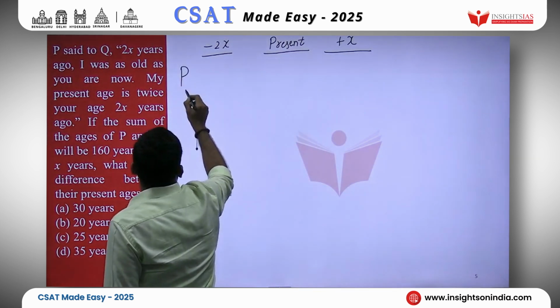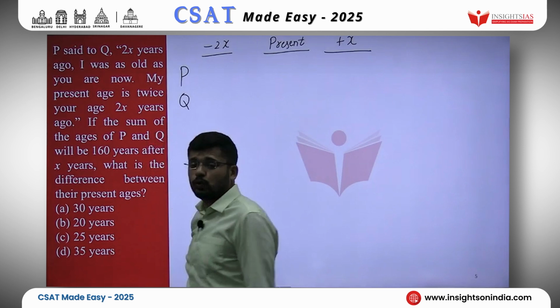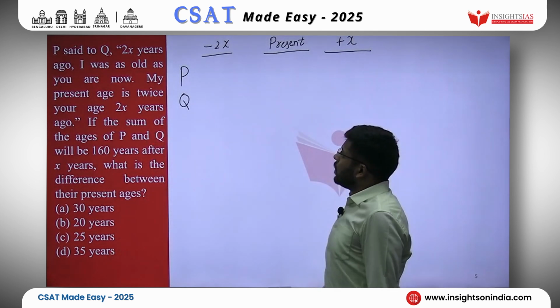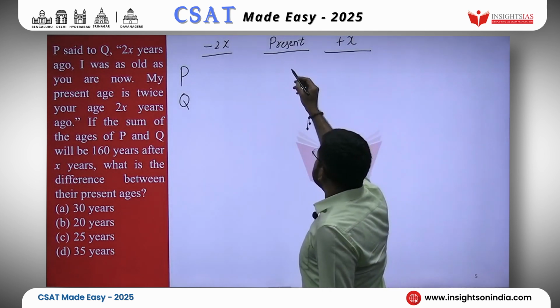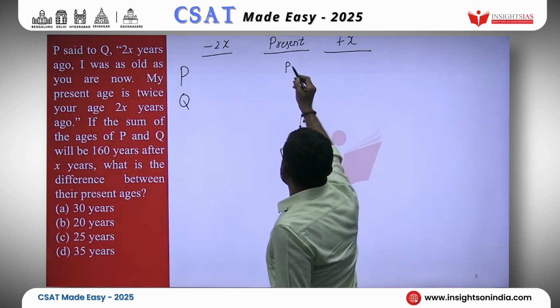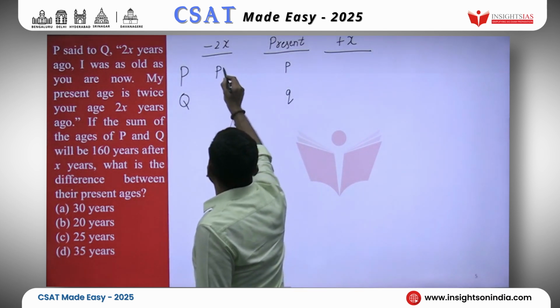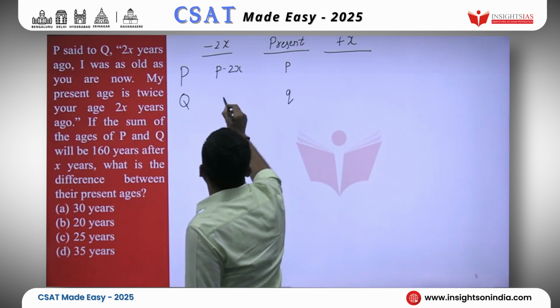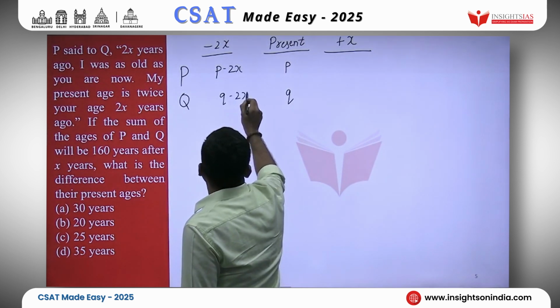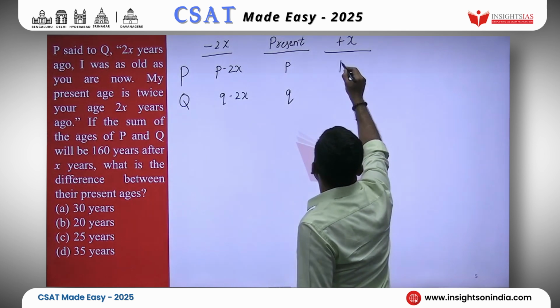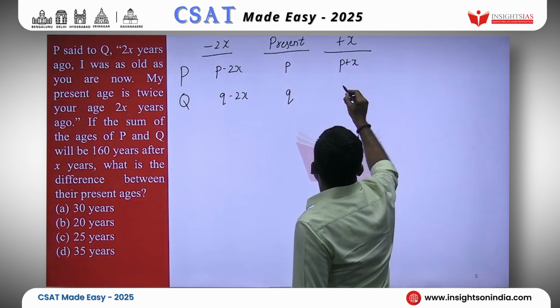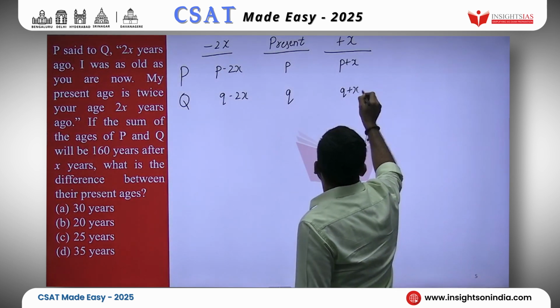We are talking about P and Q's age. Now we shall take the present ages of P and Q as small p and small q, and 2x years ago this would have been P minus 2x and this would have been Q minus 2x, and after x years this would have been P plus x and this would have been Q plus x.